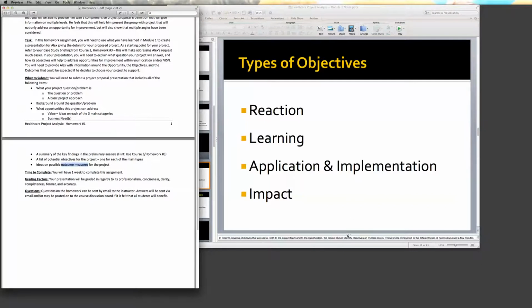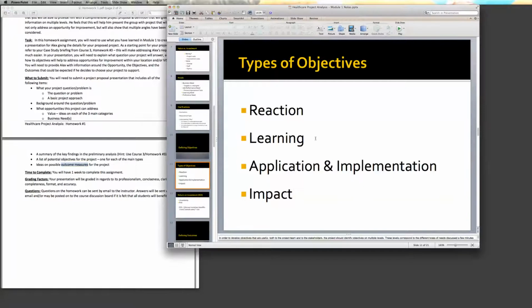Okay, so examples for learning. An objective for learning is by the end of quarter 1. This is the one for learning how to code, the coding with the physicians, right? So the coding with the physicians might be a learning objective. My brain is getting ahead of my vocal cords here.